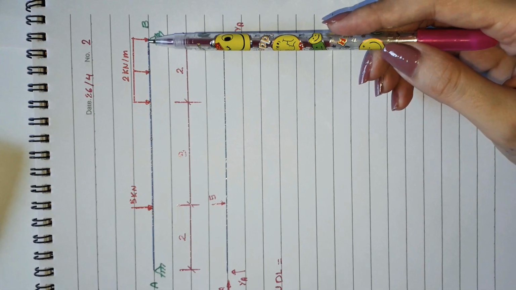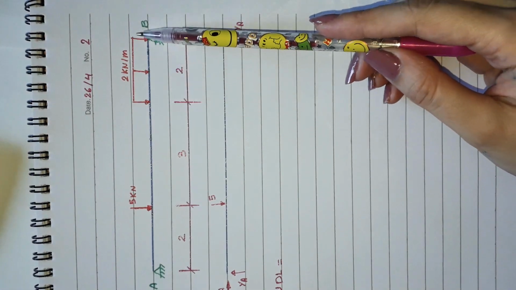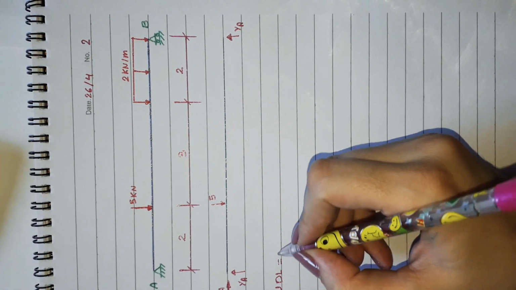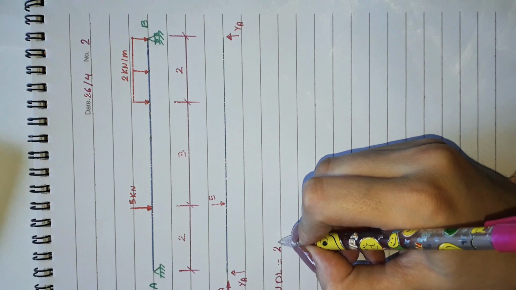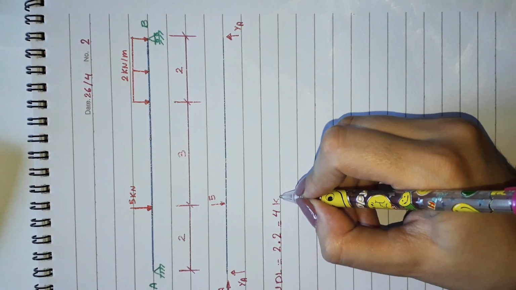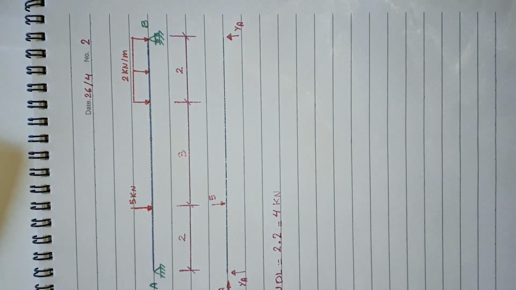All you have to do is to find the area of the load. As you see here, the load is in a rectangular shape, so finding the area of this shape is so easy. It would be 2 multiplied by 2, and it is 4 kilonewton. Now we have to determine exactly where this 4 kilonewton is located.